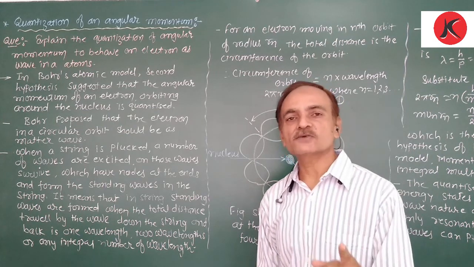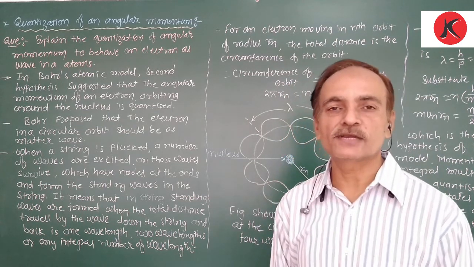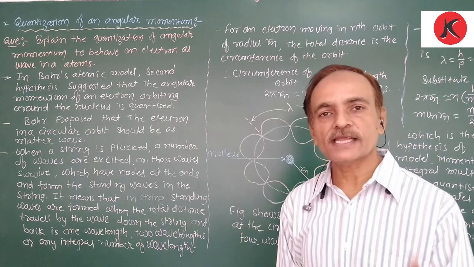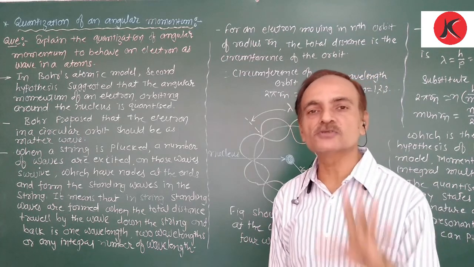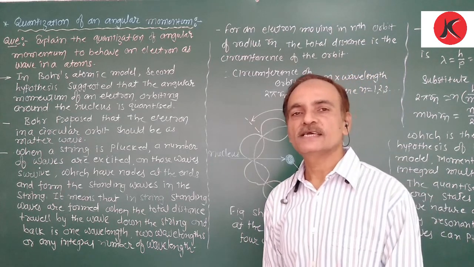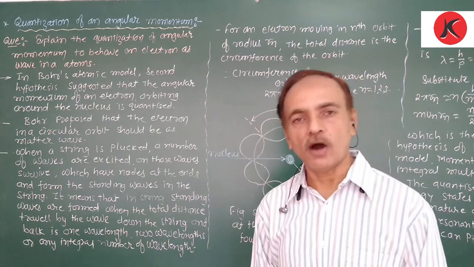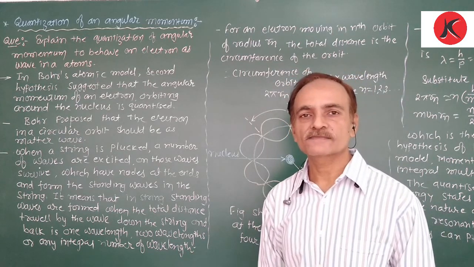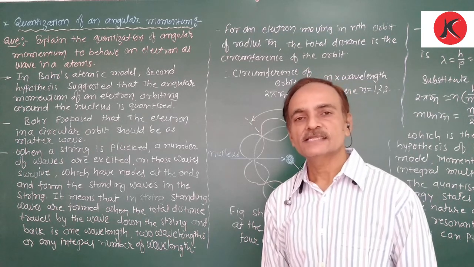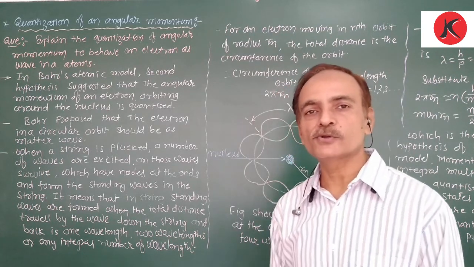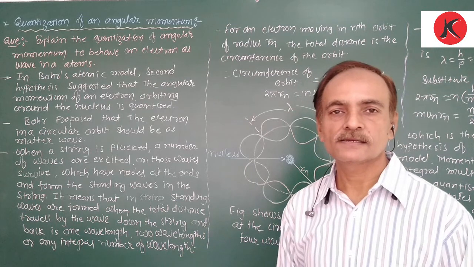Out of the numbers of orbits around the nucleus, the electron can revolve only in those orbits for which its angular momentum is an integral multiple of h upon 2 pi. That means n is an integer value: 1, 2, 3, 4 and so on.